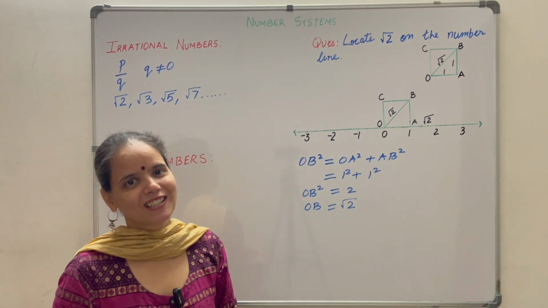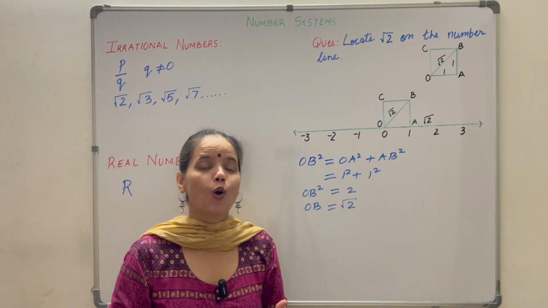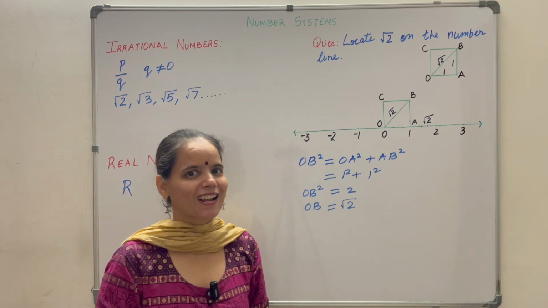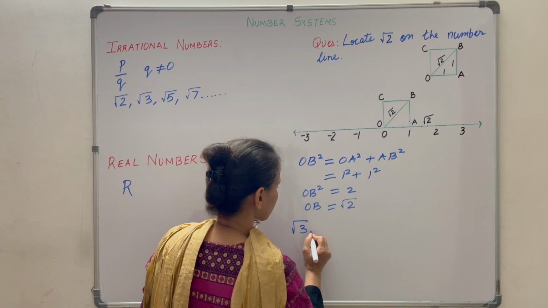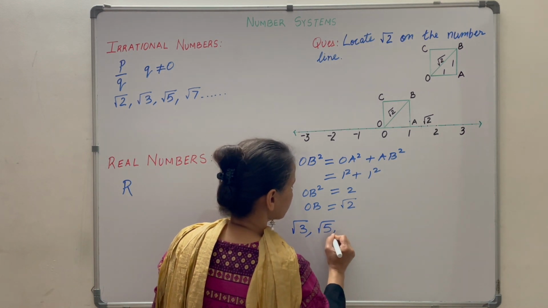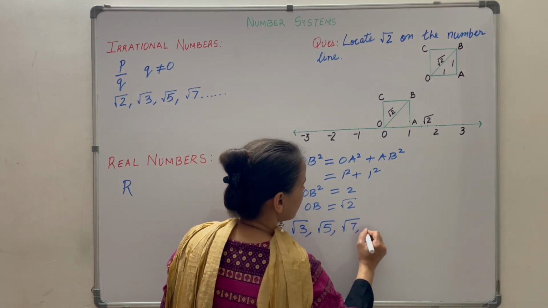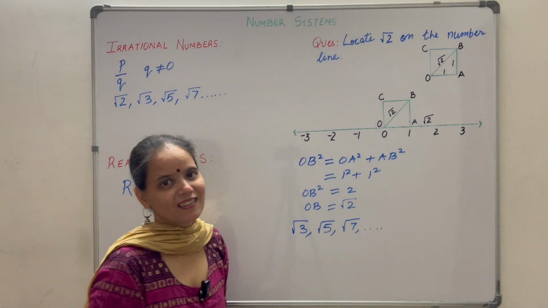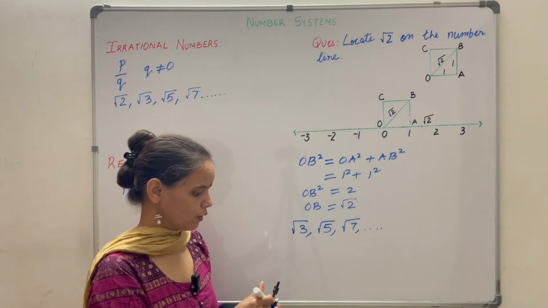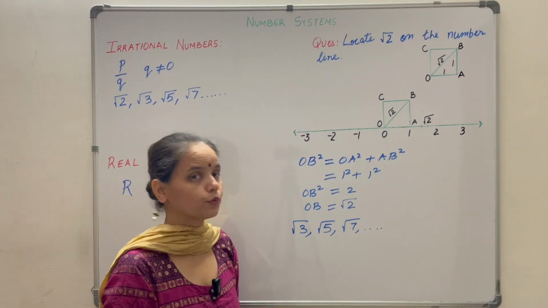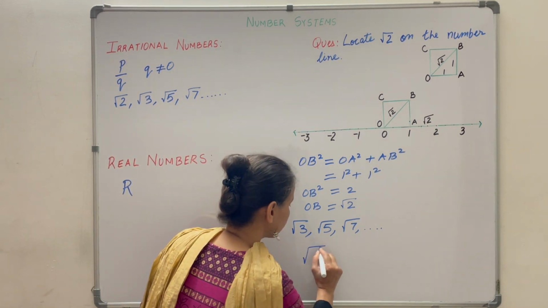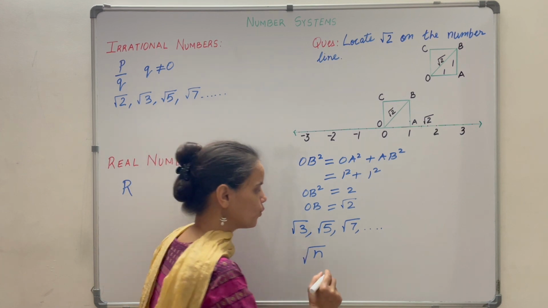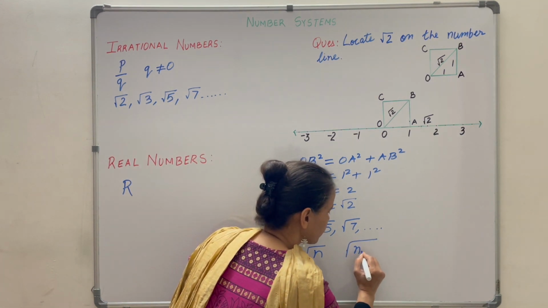So here we have seen how to locate root 2. What about other irrational numbers? For example, root 3, root 5, root 7 or any irrational number. To locate irrational numbers, say root n, first you have to locate root n minus 1.